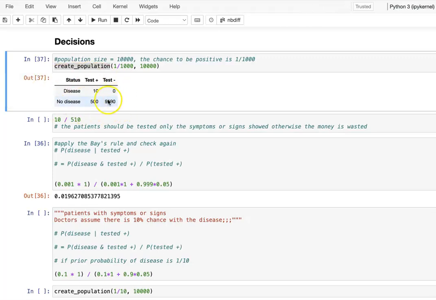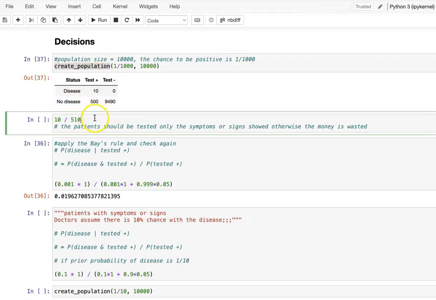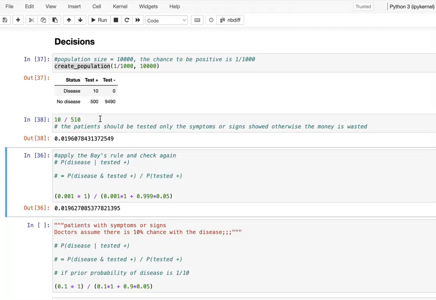From this table we can also see, according to the test positive, we can use 10 divided by 510. That's about 2% as well. So what does this result tell us?